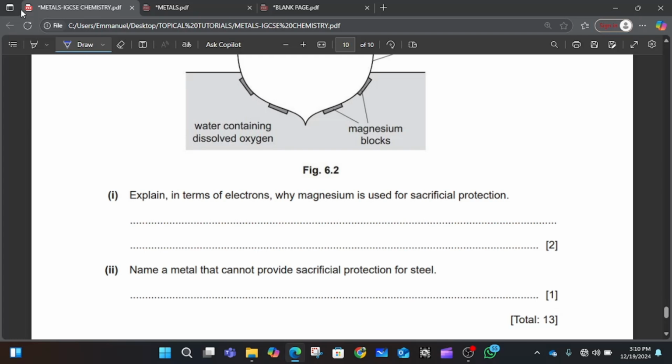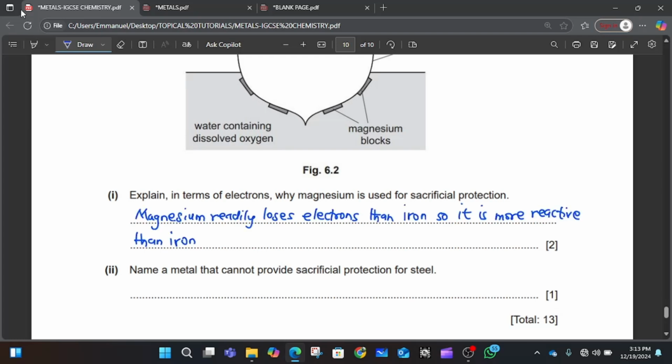So if the more reactive metal is the one to be oxidized first, it readily loses electrons compared to the less reactive metal. So we have to say that magnesium readily loses electrons than iron, so it is more reactive than iron. And this makes it suitable to be used as a metal for sacrificial protection of iron.